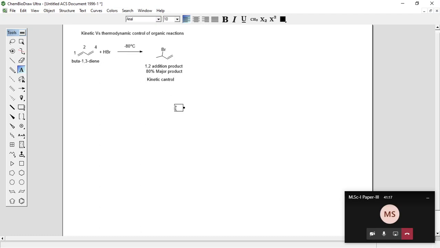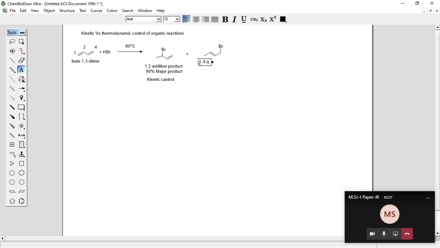You are getting this 1,2 addition product 80%. This is the kinetically stable, kinetic control product. In this product the hydrogen and Br add on carbon number 1 and carbon number 2, that's why it is called the 1,2 addition product.